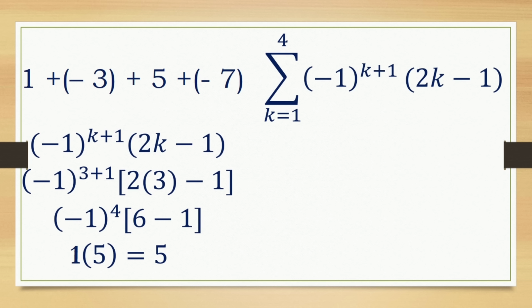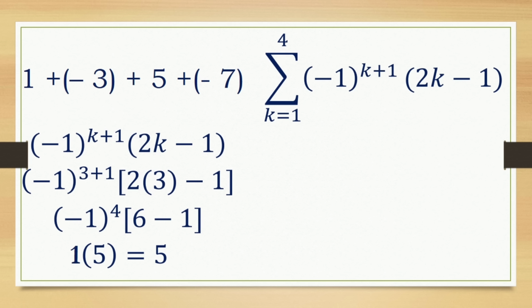Next. Okay, so ito na yung last. Kasi yung nasa summation notation natin for the last, limit, yan yung nasa taas. So, we will now have, substitute natin si 4. So, 4 plus 1 ang exponent natin. And then, 2 times 4. So, let us compute.